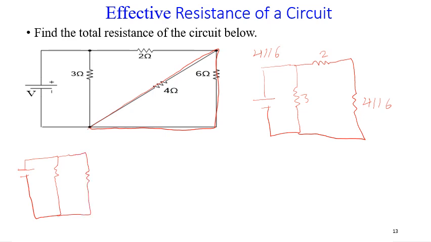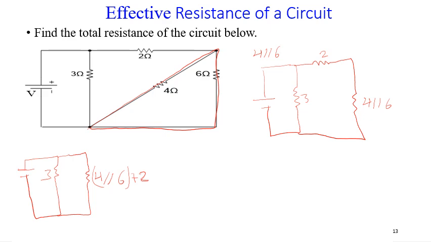So basically it becomes 4 in parallel with 6 plus 2 in series, because it's in series with this, then 3. So what do we observe? We also observe that this and this are in parallel again. So our final circuit becomes this way.